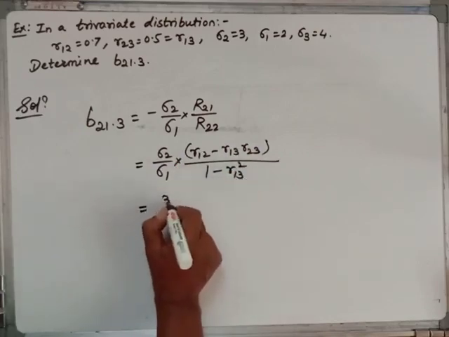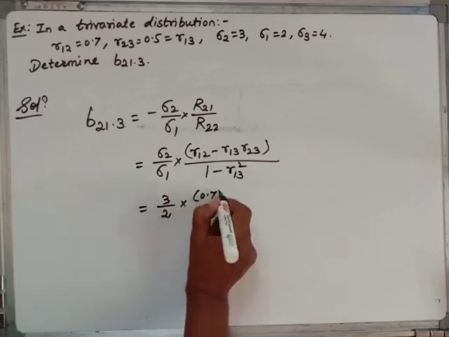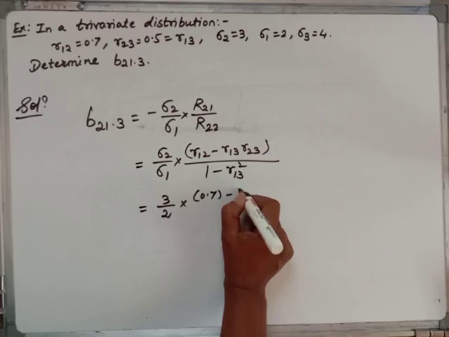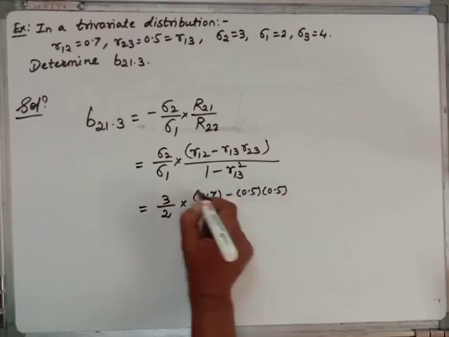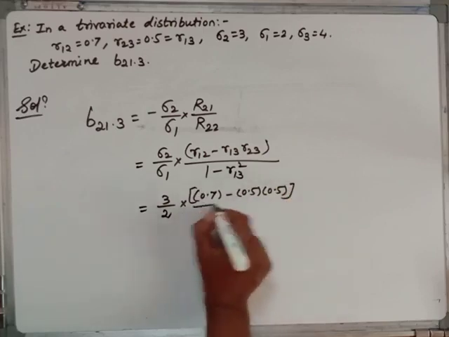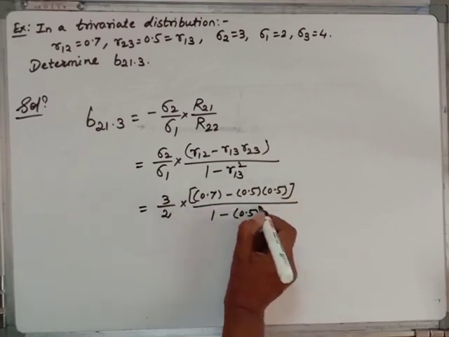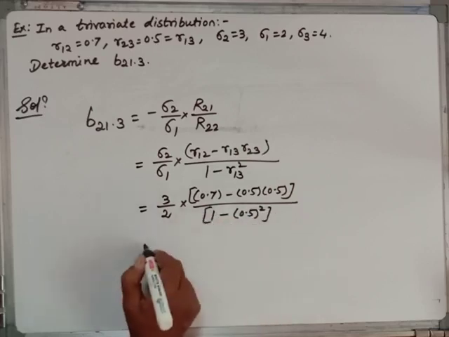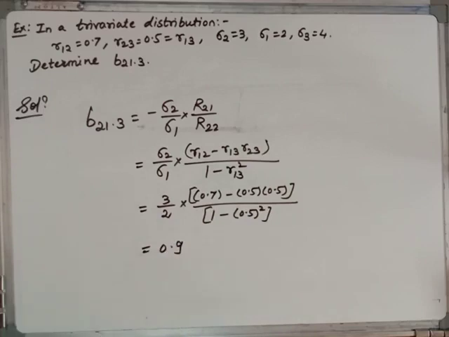So put the values, this is 3 by 2 into 0.7 minus 0.5 into 0.5, this one, upon 1 minus 0.5 square, this one. Calculate. So calculating this one, we get it is 0.9.